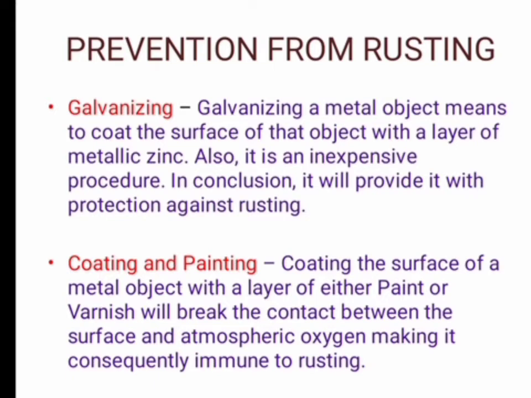So here are some preventions which are taken to prevent rusting. First one is galvanization. The process of depositing a layer of zinc on iron is called galvanization.